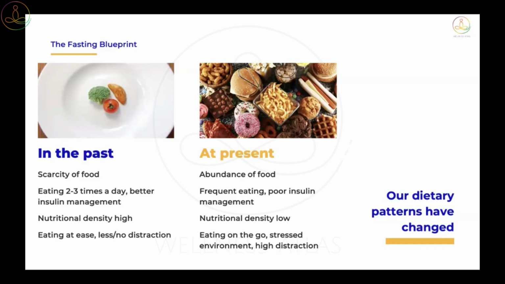In the office, I see many times, they do a working lunch in meetings, right? They'll talk, do meet, and that. So it's on the go, stressed environment, right? You're eating, but thinking and talking and discussing and things like that. High amounts of distraction, right? So there's a fundamental change. Fundamental change हुआ है हमारे पहले और आज के दिन के खाने के तरीकों में. So this is another thing I wanted us to be aware of.